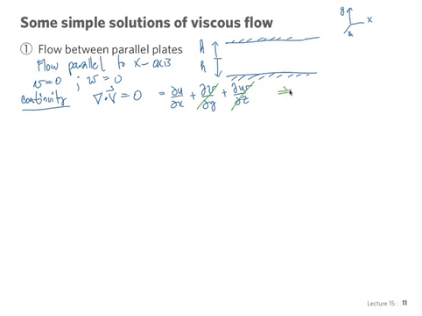So for this case we have that du dx has to be equal to 0. So the flow is 2D and symmetric in the z direction. We get that u is only a function of y, only a function of the coordinate vertical in my picture.